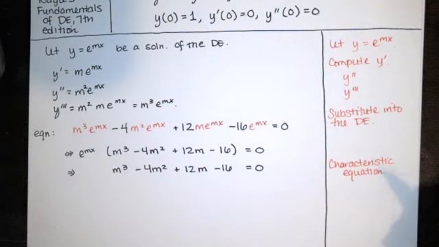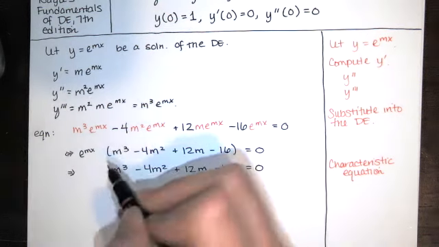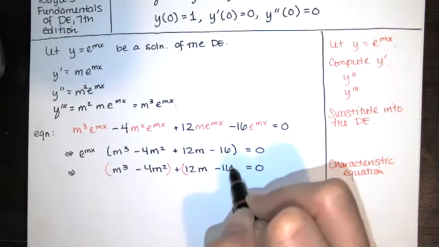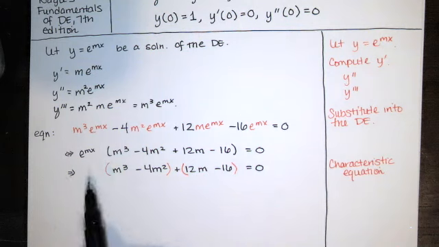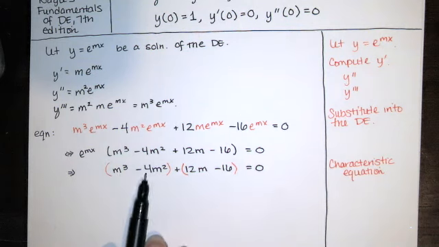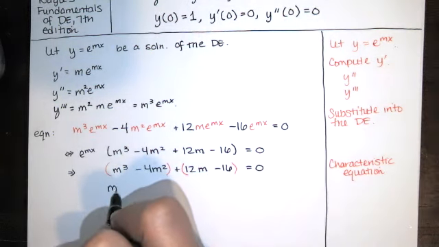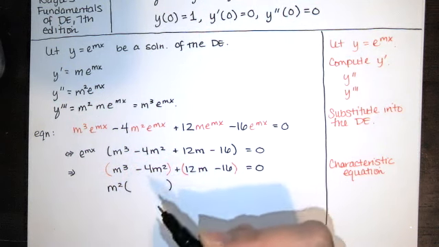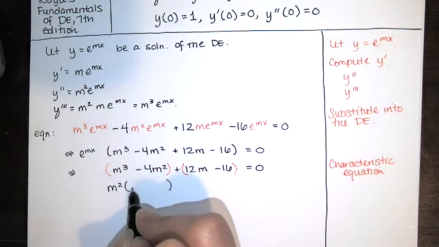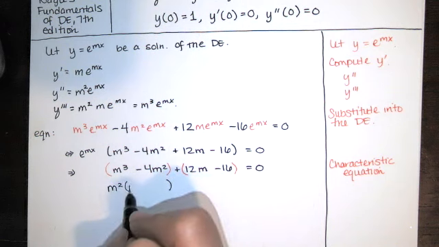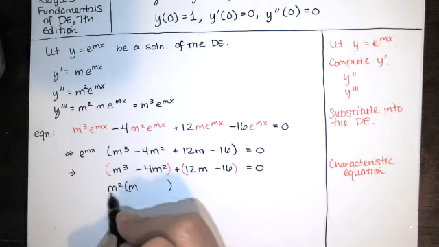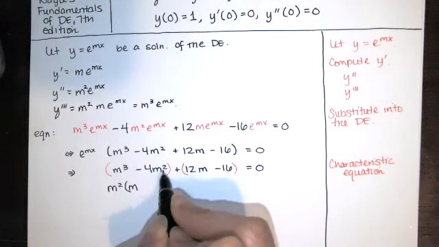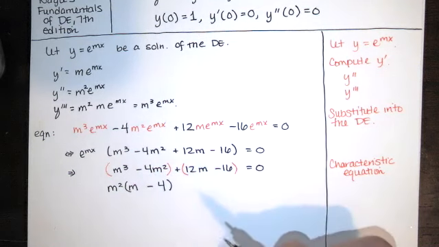Now, there's no guarantee this is going to work, but I might say take these two terms and these two terms and see if they have anything in common. Well, m cubed and 4m squared have a factor of m squared in common. And then I say m squared times what will give me m cubed, well, just another m, and m squared times what will give me a negative 4m squared, so we'll have a negative 4 there.